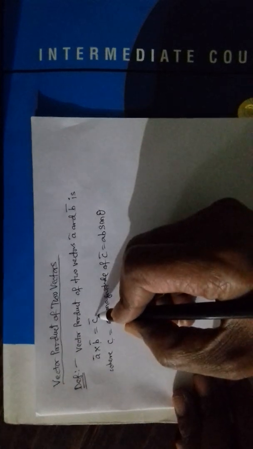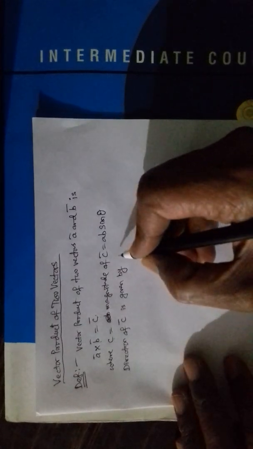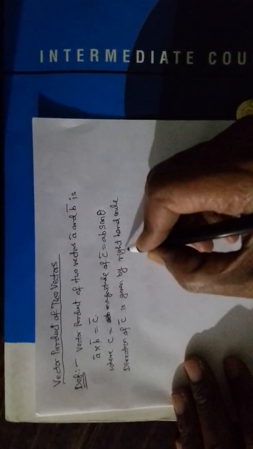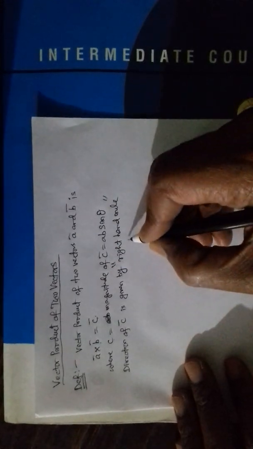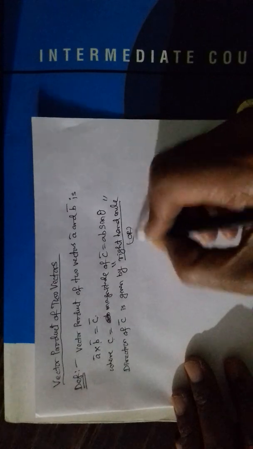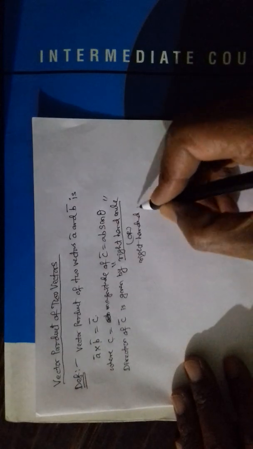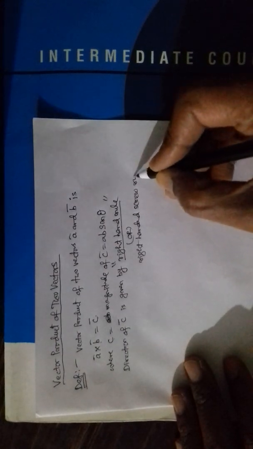Now we have to speak about its direction. The direction of C is given by the right hand rule, or right-handed screw rule.